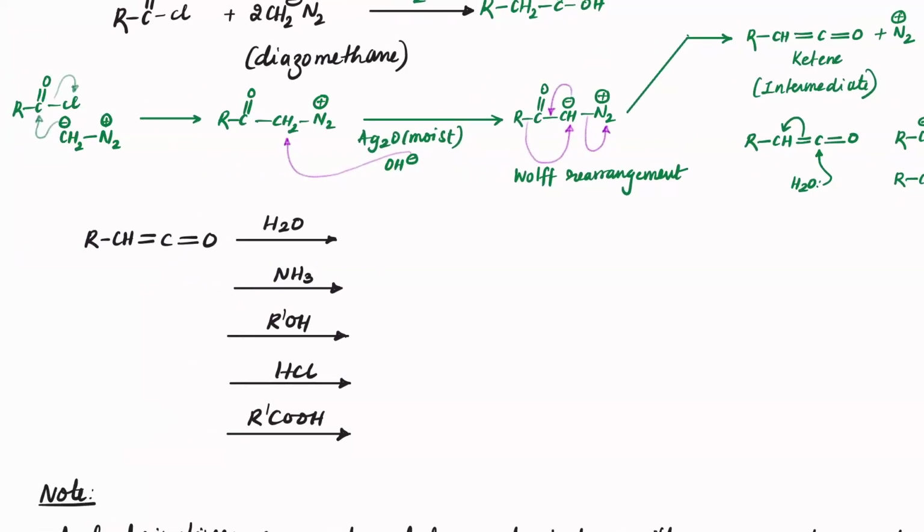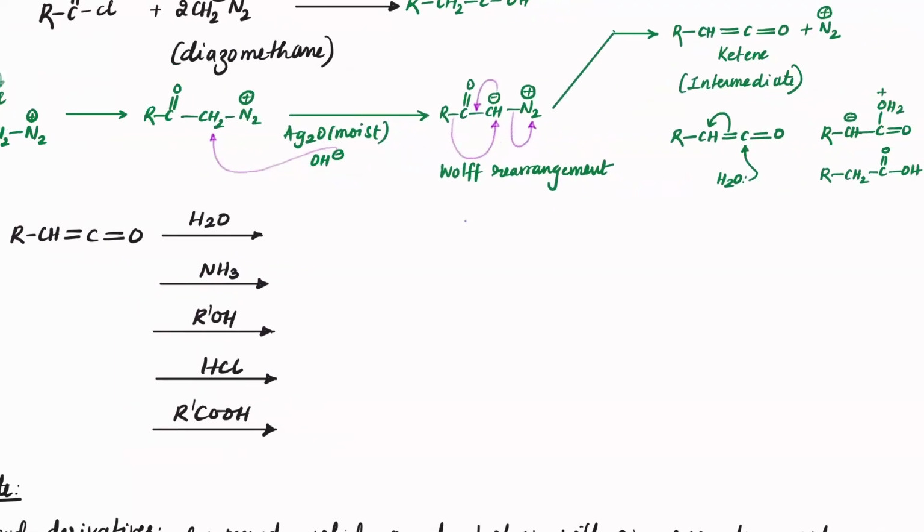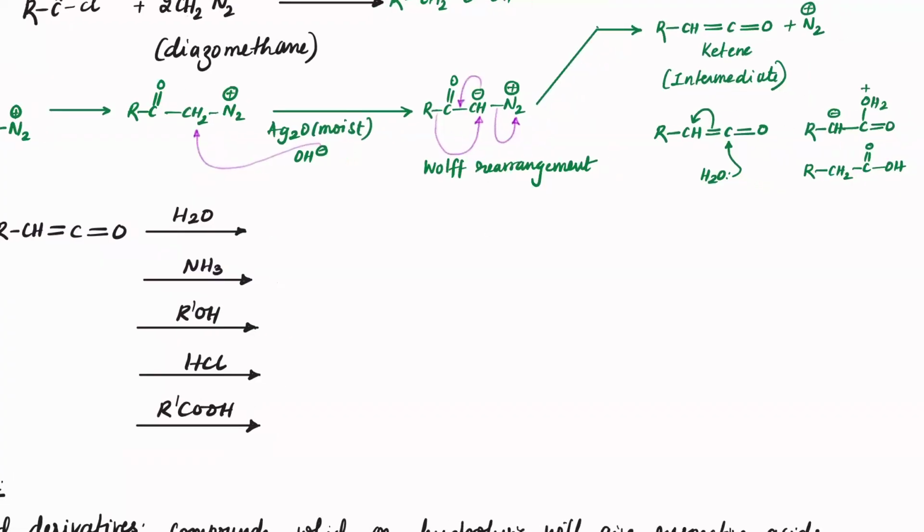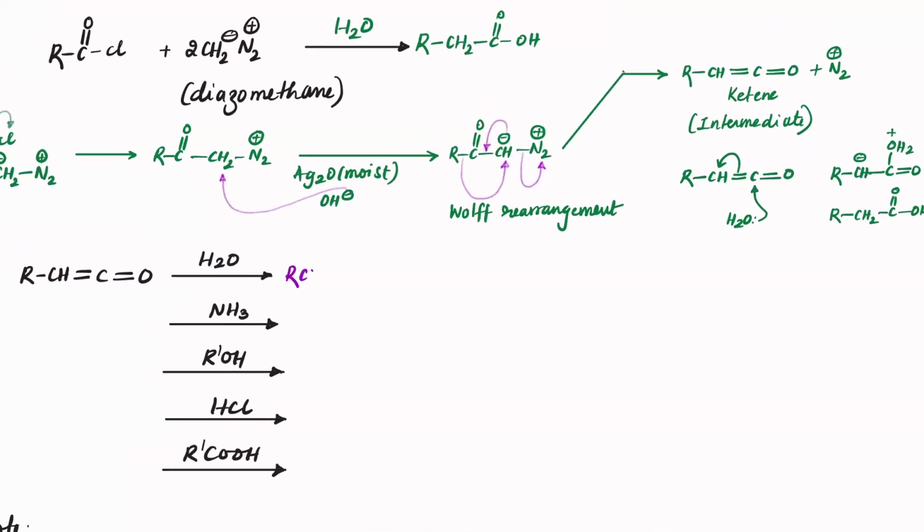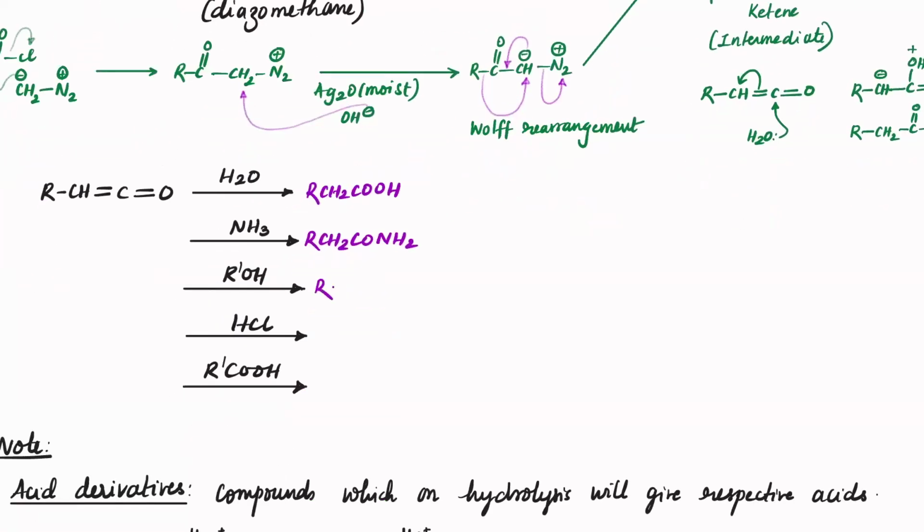So let me directly write the product now. So for these ketenes, if I want to get any product here, first will be RCH2COOH. This will be RCH2CONH2. Here it will be RCH2COOR dash. It will be RCH2COCl.